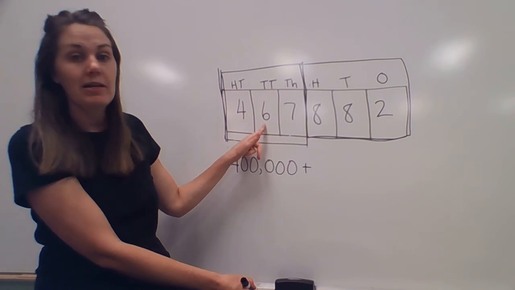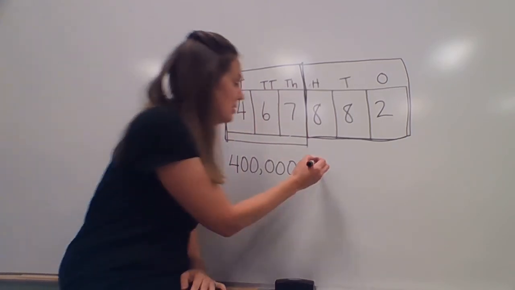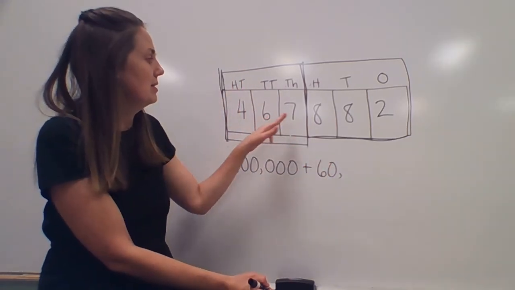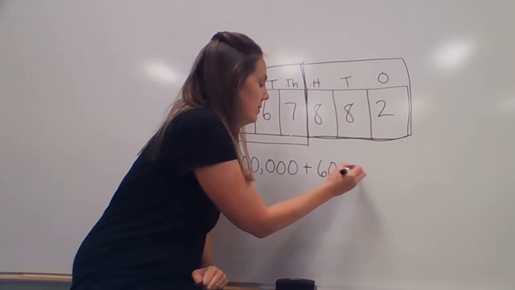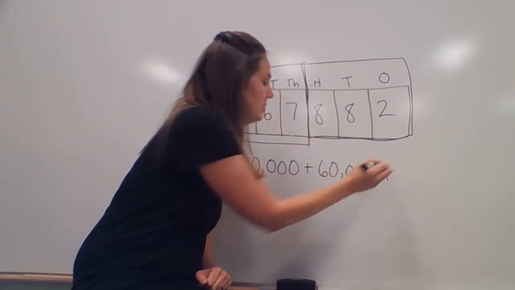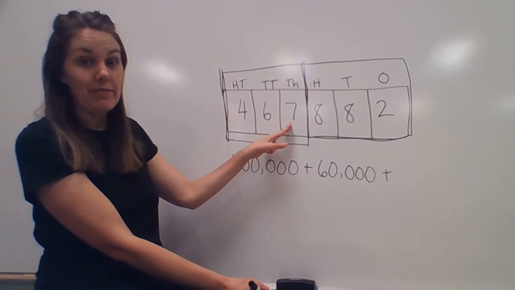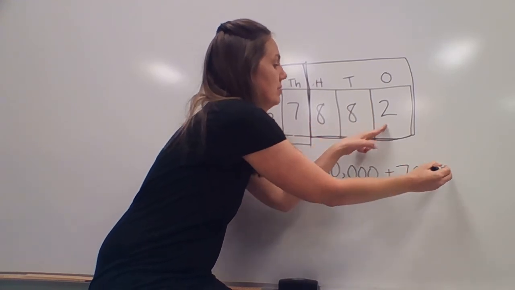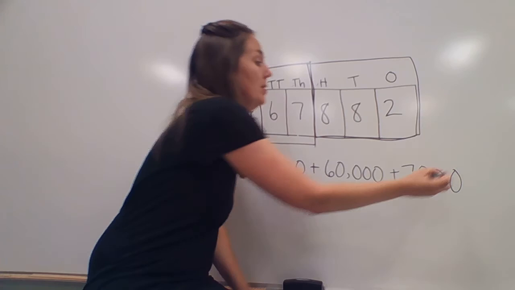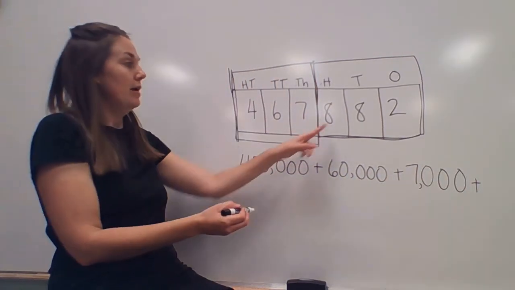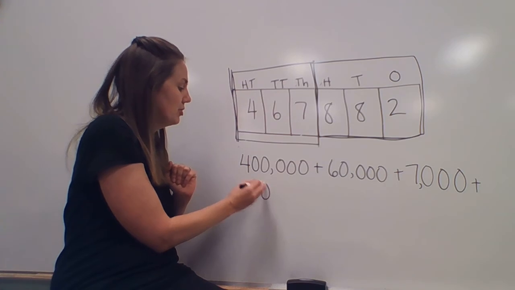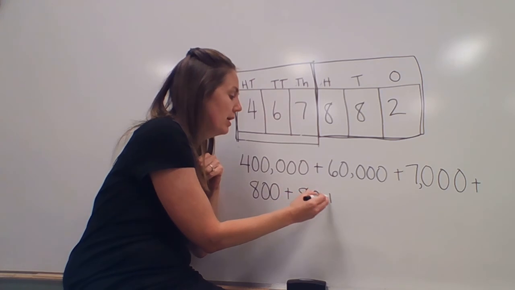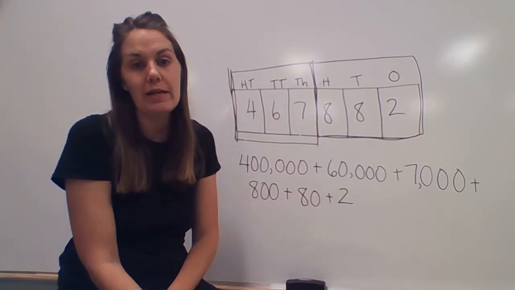I have 6 10,000s or 60,000, so plus 60, and everything next to it is going to be 0. So 6, 0, 0, 0, 0. Plus my thousands, I have 7,000, so 7, 0, 0, 0. Plus, then I go to my hundreds, I have 800 plus 80 plus 2. So that would be how you would write the expanded form.